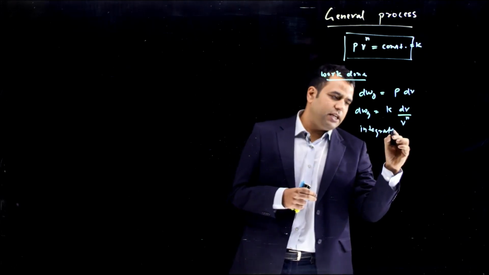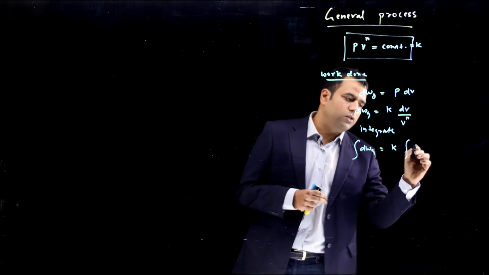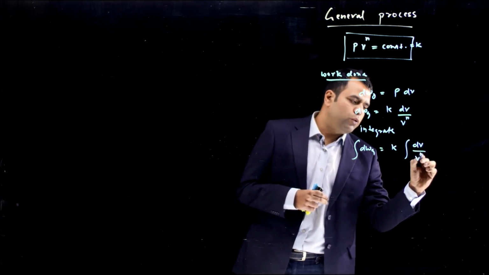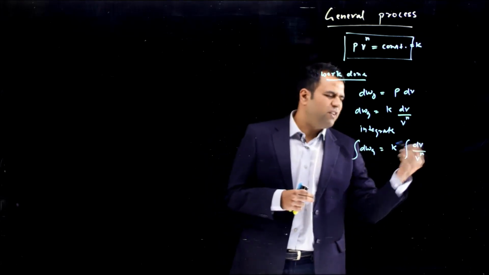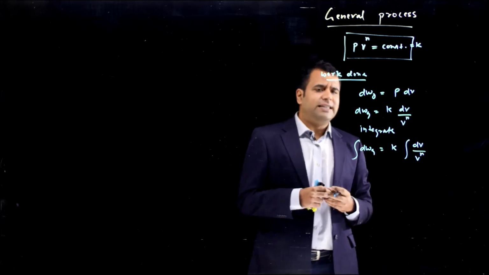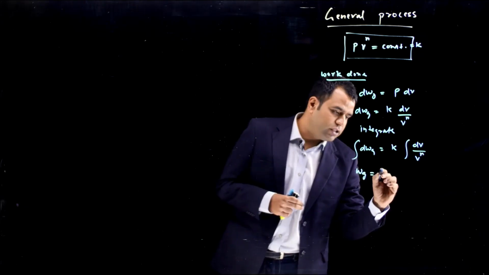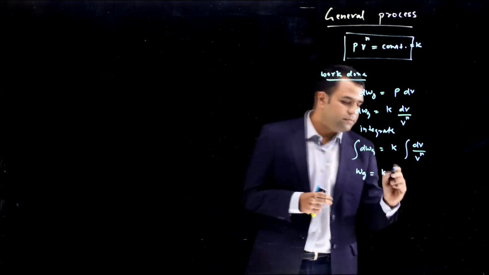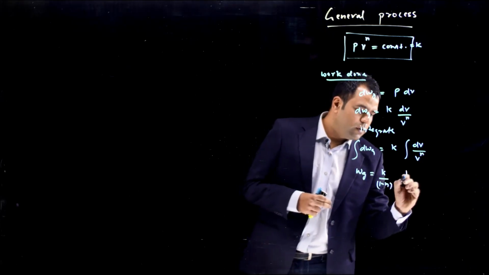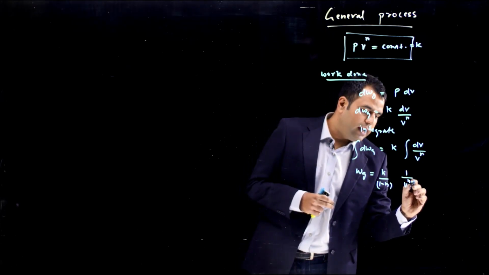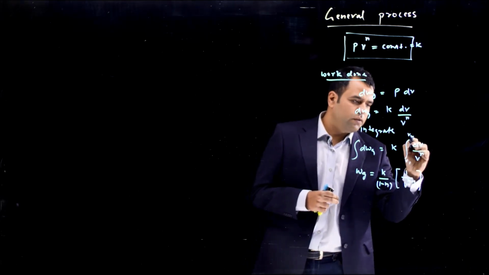If I integrate this differential equation, dWg, K is a constant, so I take it out, dV upon V^n. I am integrating this from V1 to V2, or we can go for the indefinite integration. The integration will become Wg equals K times 1 upon 1 minus n, 1 upon V^(n-1), with limits from V1 to V2.